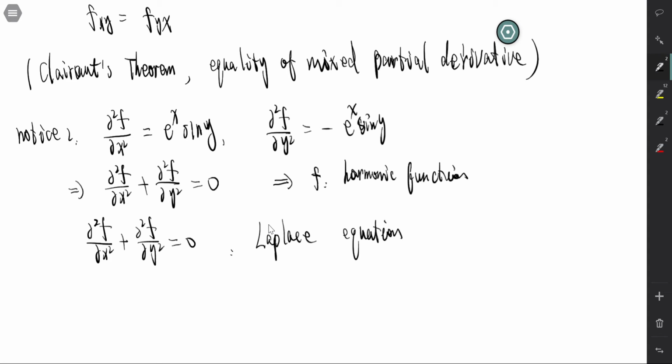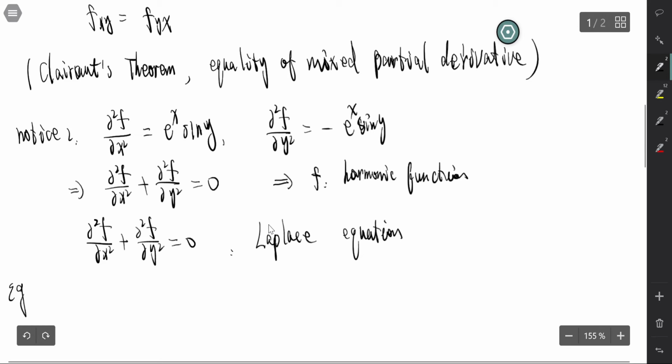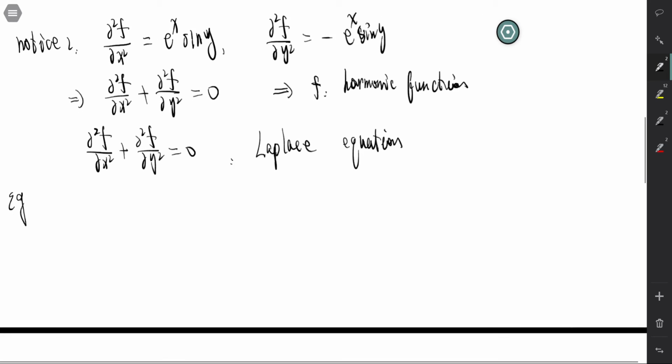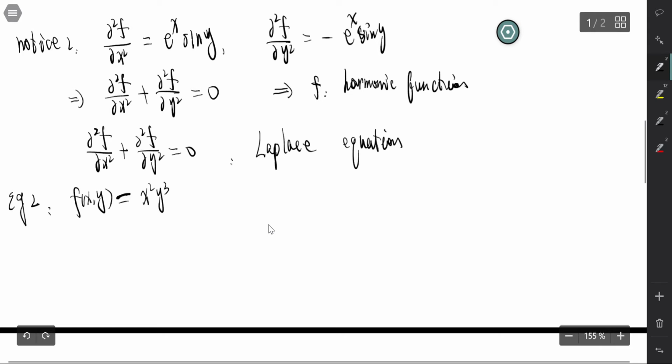Now we look at another example. Example 2. Let f(x,y) equal x squared y cubed plus x over 4 times y.